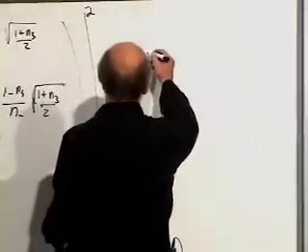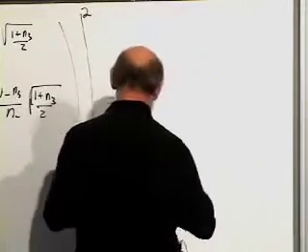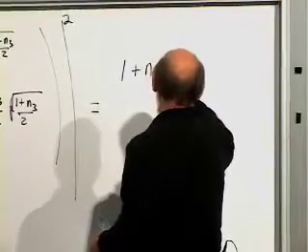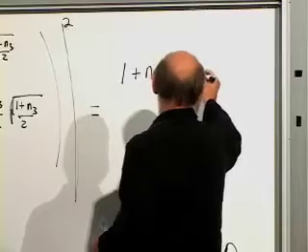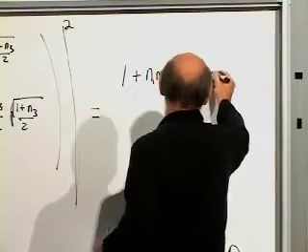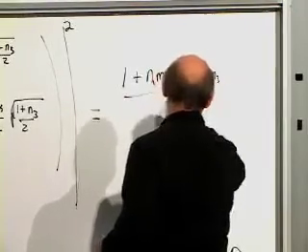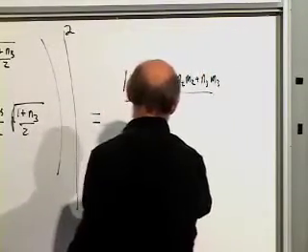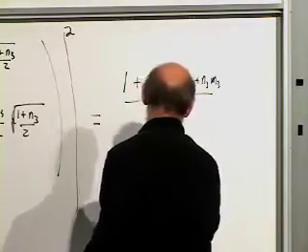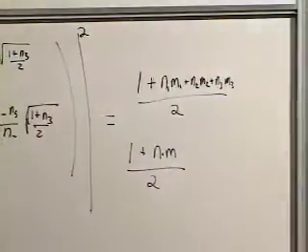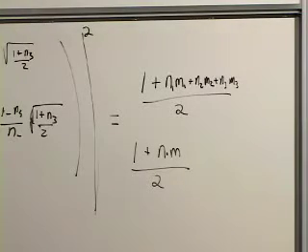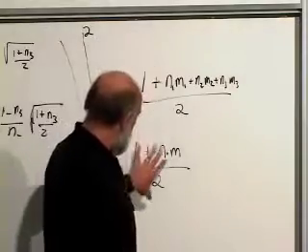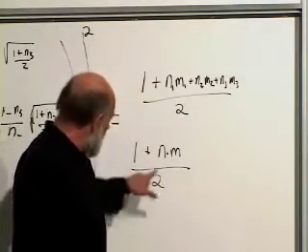Anyway, the answer is 1 plus n1 m1 plus n2 m2 plus n3 m3 divided by 2, or 1 plus n dot m over 2. That's the whole answer after you're finished. It has n's and m's, all of the components all over the place, and it simply boils down eventually to this expression.